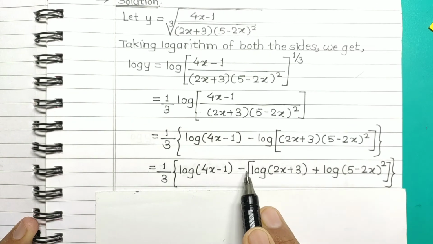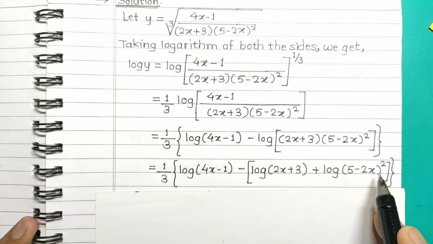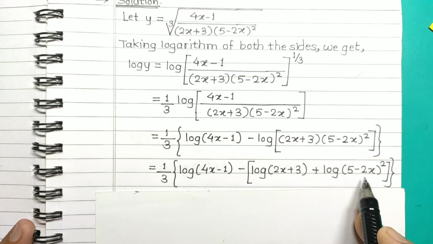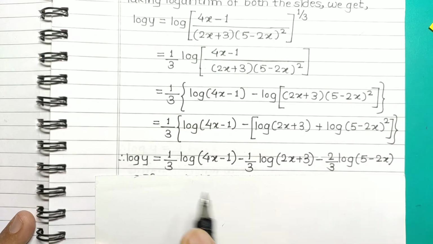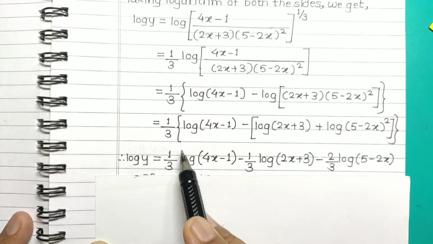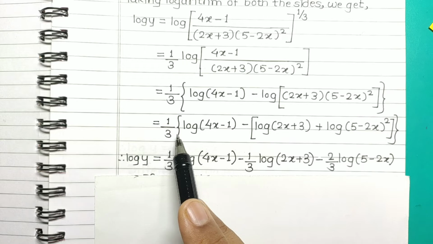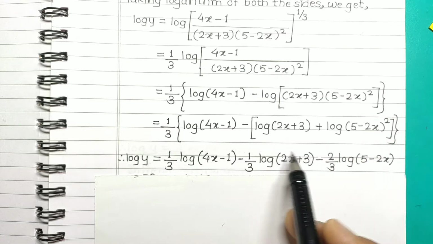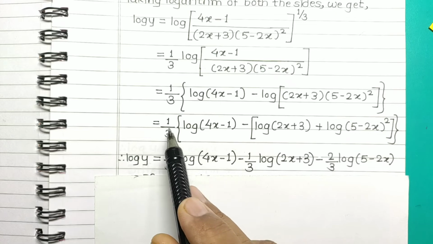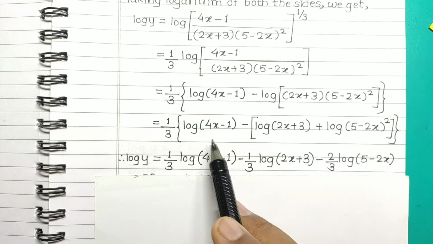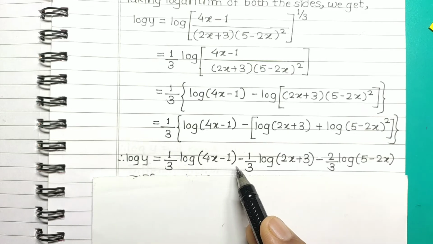Here we can simplify this square bracket, and this exponent 2 will be multiplied to this logarithmic term. Okay, so see, we have log y is equal to, let's multiply this 1 by 3 to each term in this bracket and simplify all these brackets in this step. So we have 1 by 3 into log of 4x minus 1.